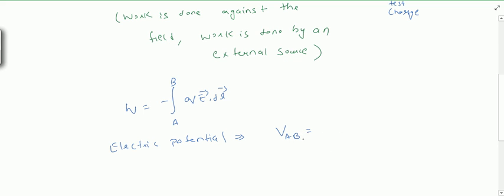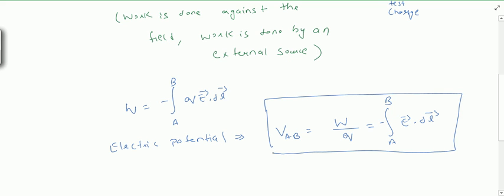VAB is the potential difference that is defined as work done per unit charge in moving a charge from point A to point B. So work done per unit charge will be defined as the potential difference or the electric potential, and you can write this VAB as minus of integral E dot dl along the path, this dl vector to move a charge from A to B.